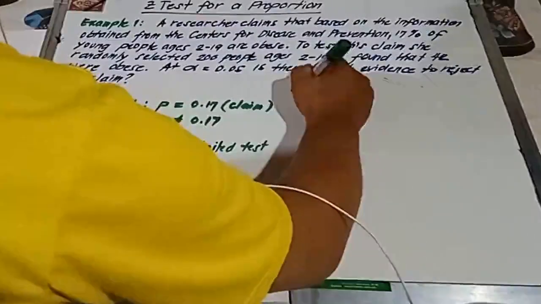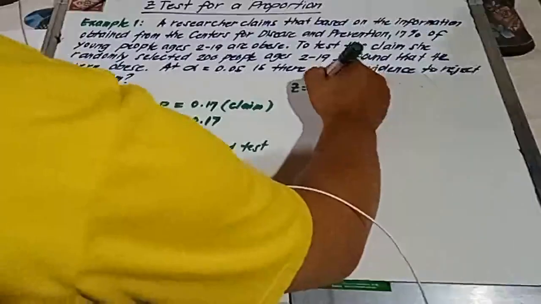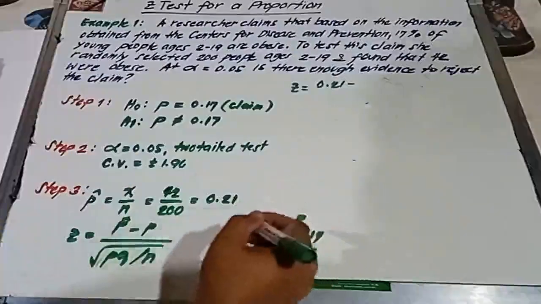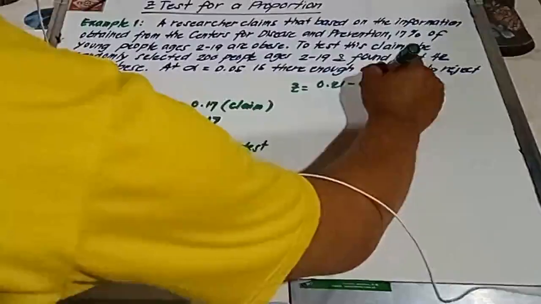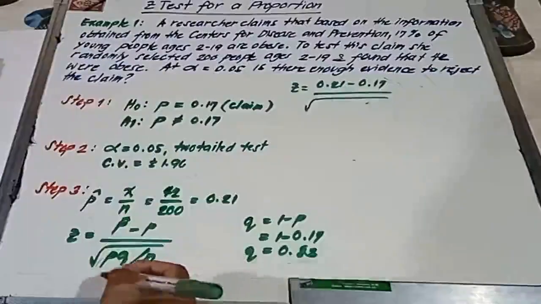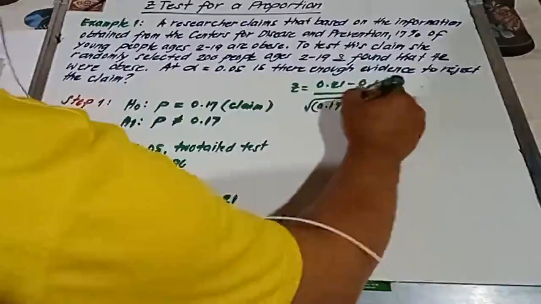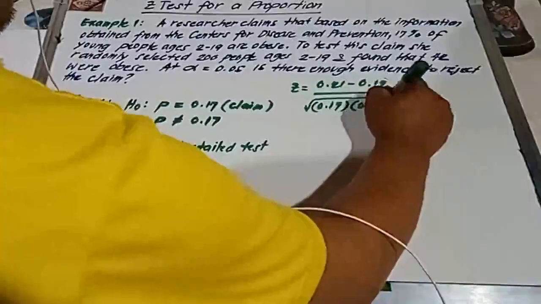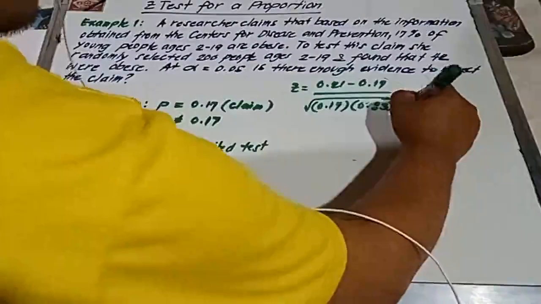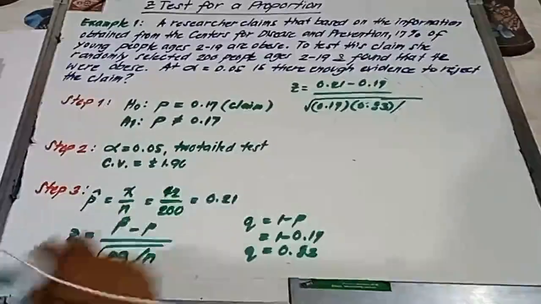Therefore, the computed z value is 0.21 minus population proportion, which is 0.17, over square root of p, which is 0.17, times 0.83 divided by 200. Okay.